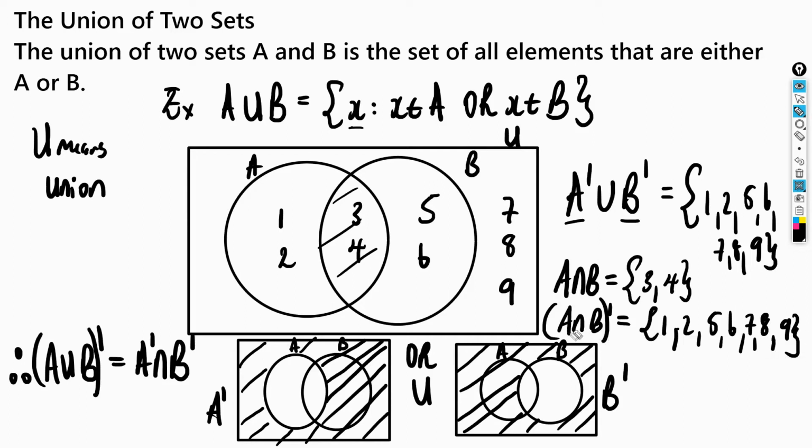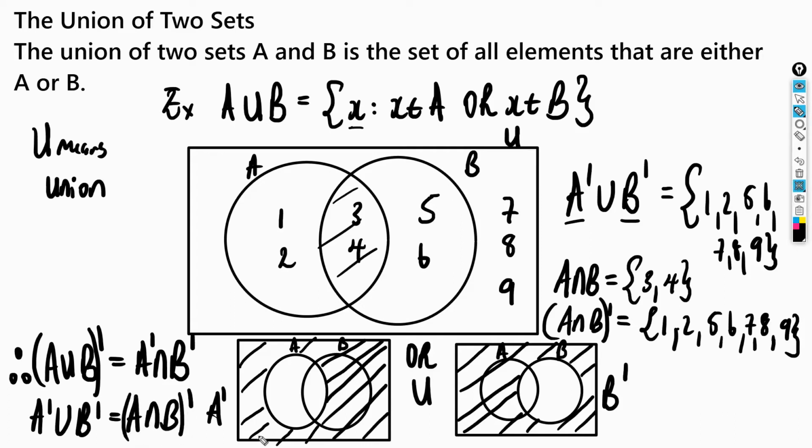But if we look here, that is equal to A prime union B prime, which is equal to 1, 2, 5, 6, 7, 8, and 9. So another law here is that A prime union B prime is equal to the complement of A intersect B.